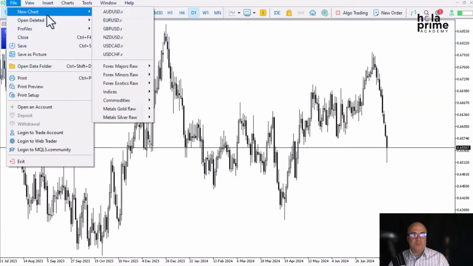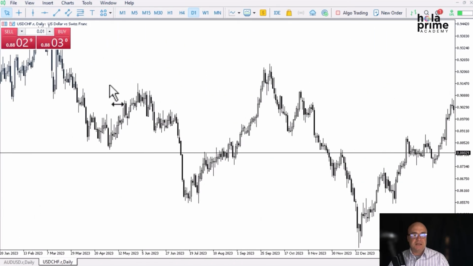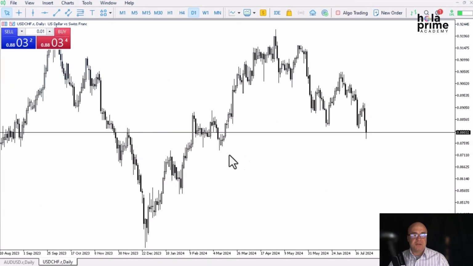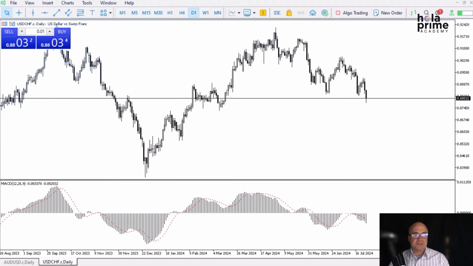Let's go ahead and open up another chart. In this case, I will do the dollar against the Swiss franc. And you can see that this has been a very choppy pair over the last couple of years. In this case, I'll put the moving average convergence divergence indicator at the bottom.